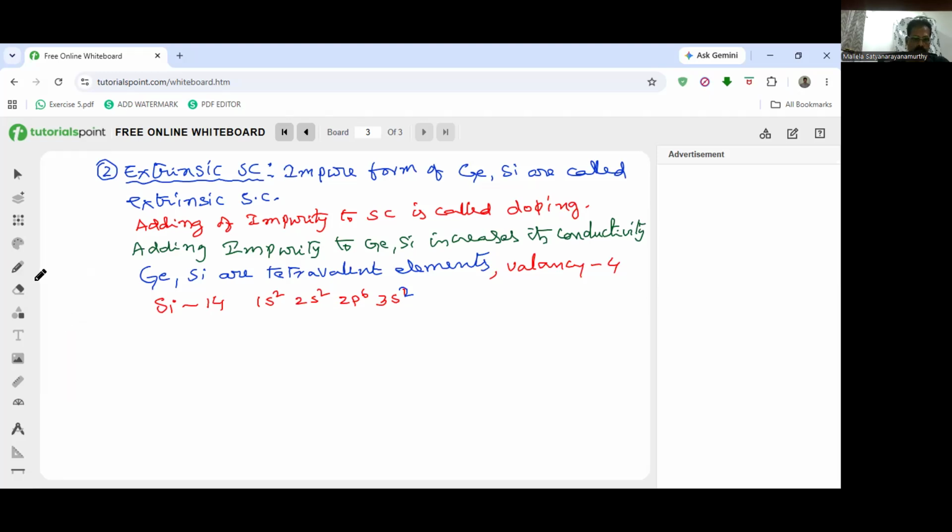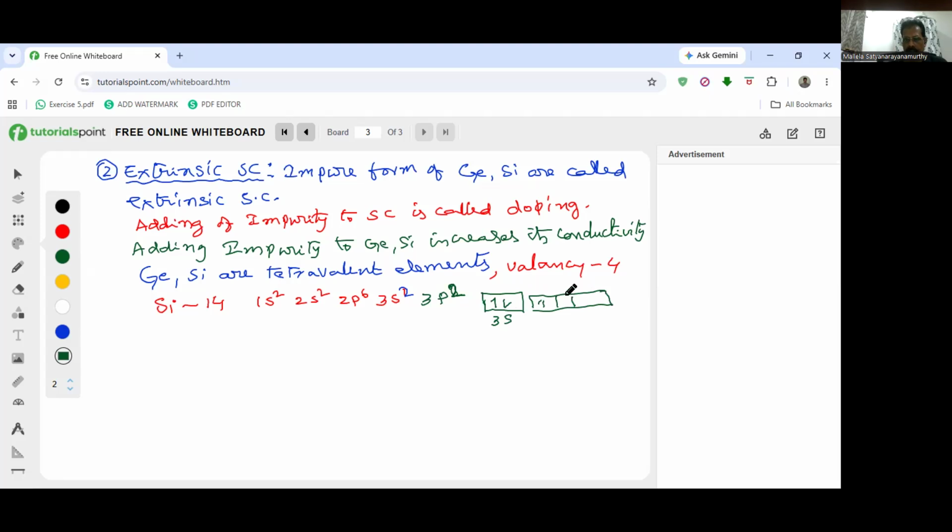If you take the higher orbit, the third orbit, you have 2 electrons in 3s, and in the p orbital, px, py, pz are there.